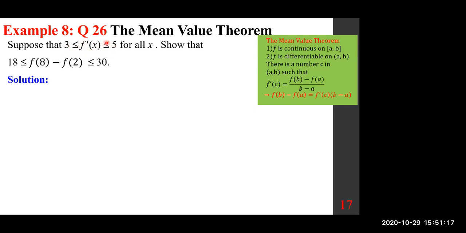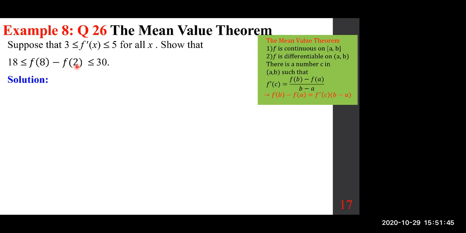That means f prime is always there, and the numerical value is between 3 and 5. So this statement tells us f prime does exist. If a function is differentiable, then it must be continuous. In fact, it says the derivative is always between 3 and 5 in the entire domain. We may not know what the entire domain is, but it works from 2 to 8.